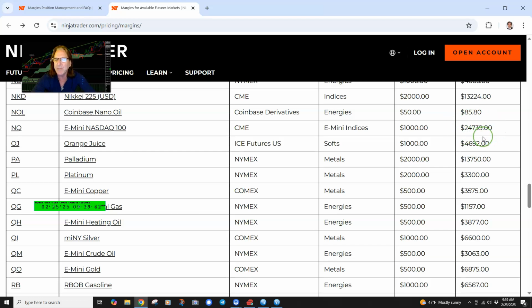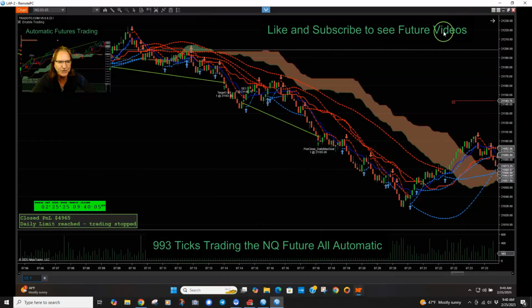This is the amount that you're supposed to have in your account if you're trading this way. This is what I would recommend, $24,739. So how did we do today? We made 973 ticks at $5 a tick. Okay, so that's where you find the margins for NinjaTrader. Everybody needs to know what those are if you're trading this.